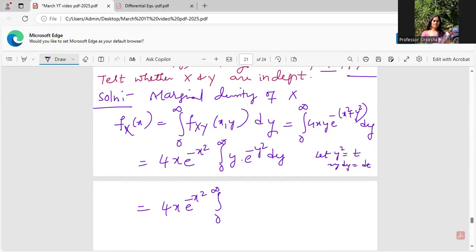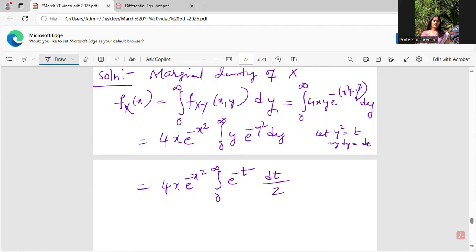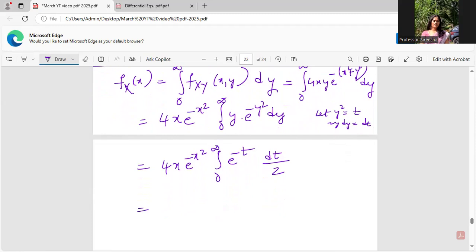Y dy would be dt by 2. E power minus y square would be e power minus t. The integration of e power minus t, the exponential function, is itself, only because minus is there, it will come with a minus sign. So this would be minus e power minus t by 2 from the limit 0 to infinity.